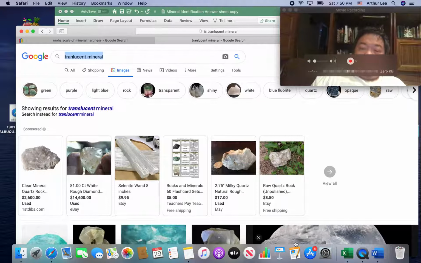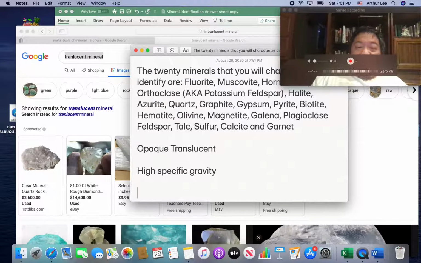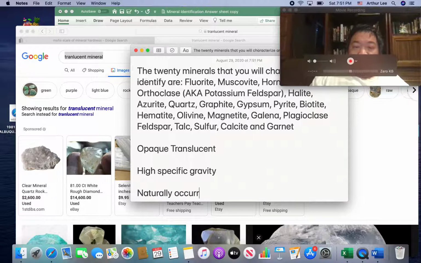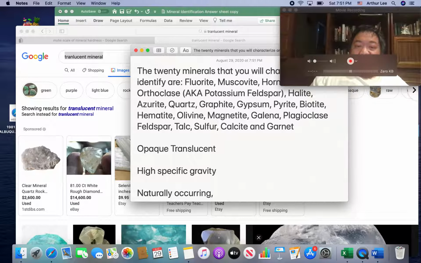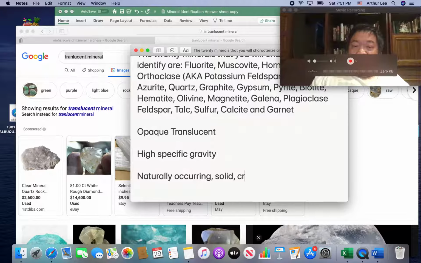What is a mineral? A mineral is any substance that is naturally occurring, solid, crystalline.